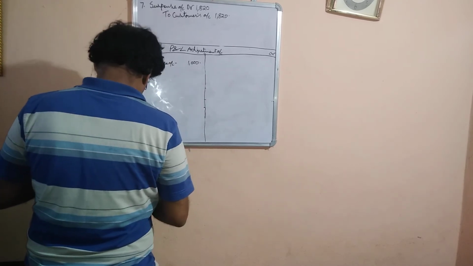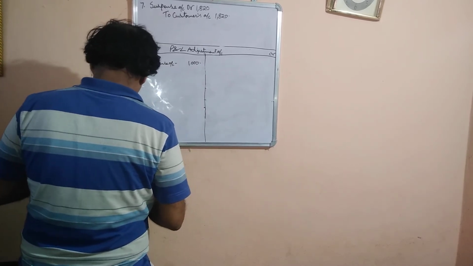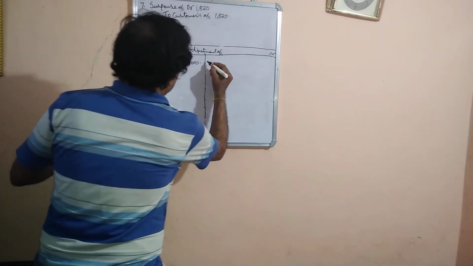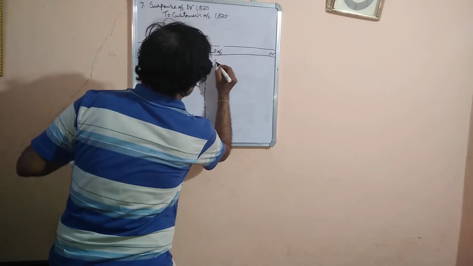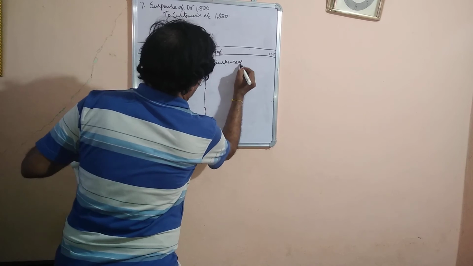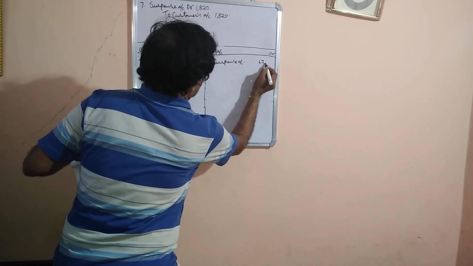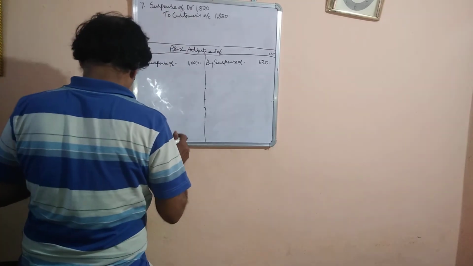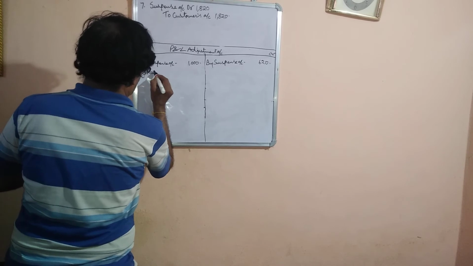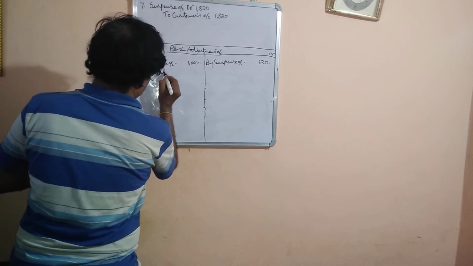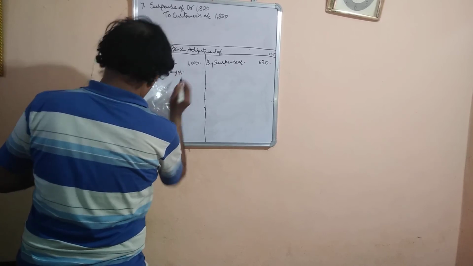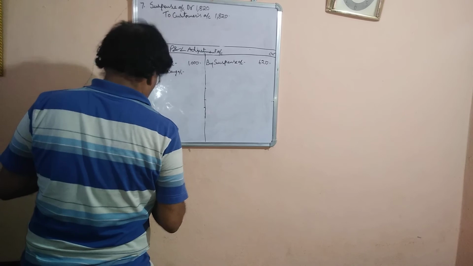Next, the second thing is by suspense account 620. Next, to Kailash Bank account 5,000.